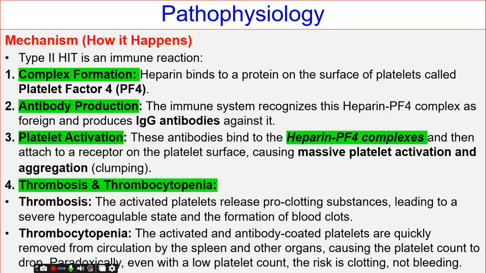This complex leads to activation of the platelets, and when the platelets are activated, there is aggregation and clumping of the platelets, leading to clot formation. At the same time, the platelets covered with this heparin platelet factor 4 complex become destroyed by the reticuloendothelial system as they are abnormal in shape. So this leads to the two components of HIT: thrombocytopenia plus thrombosis.